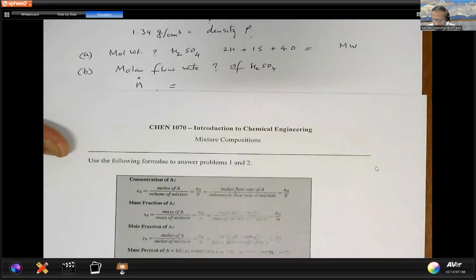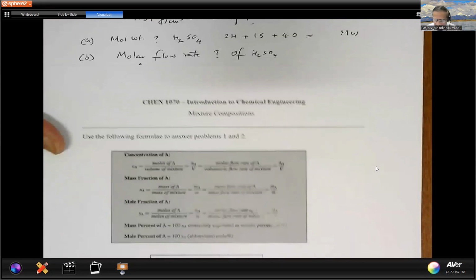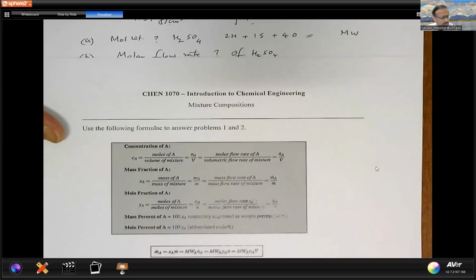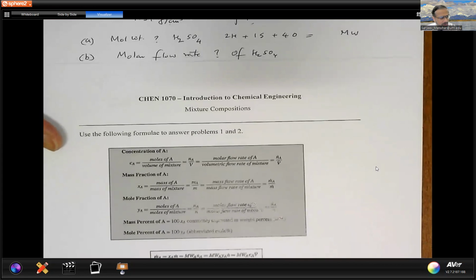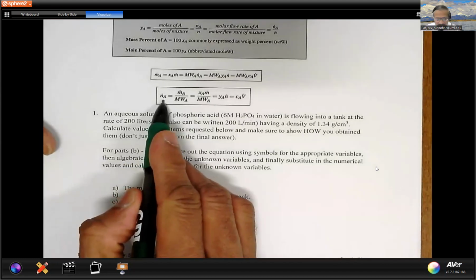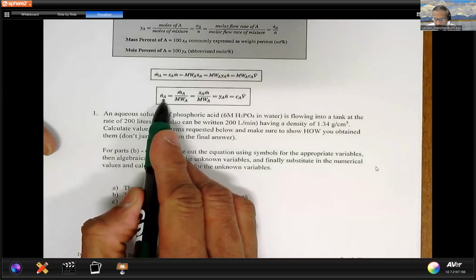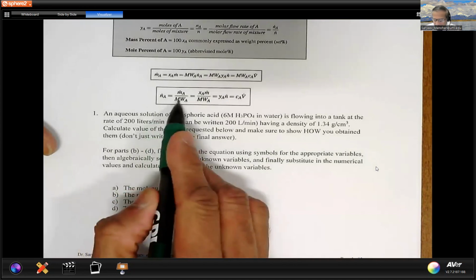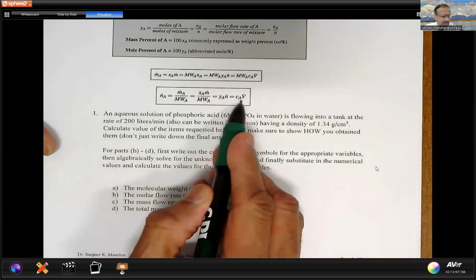So all you have to do is look at the equations, right? You're asked molar flow rate, correct? So obviously the molar flow rate is one of these equations. So either this or this or this or this you can use.